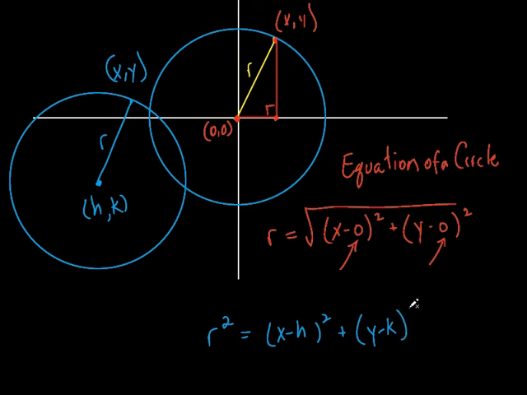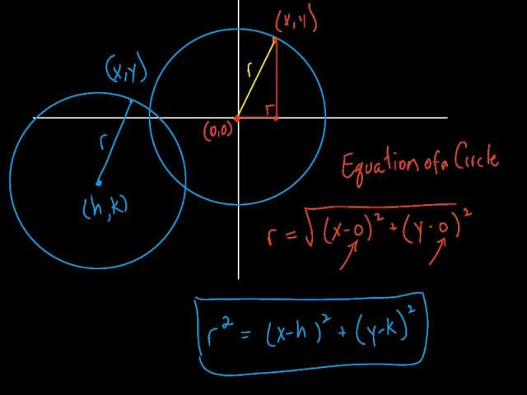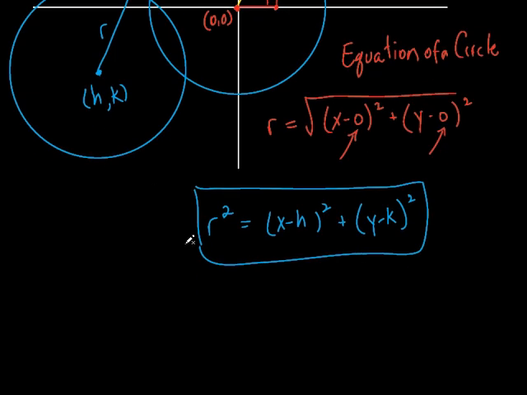That right there is the best form for an equation of a circle. Okay? R is the radius, and H and K was the what of the circle? It's not always the origin, because it's not always going to be at 0, 0. Could be anywhere else, couldn't it? So this is the center of the circle.